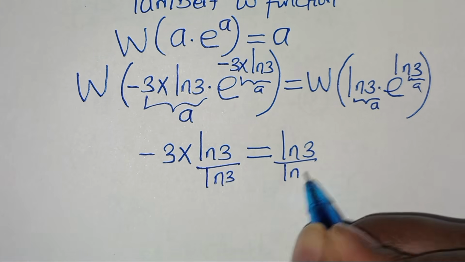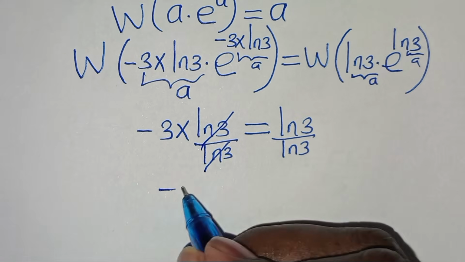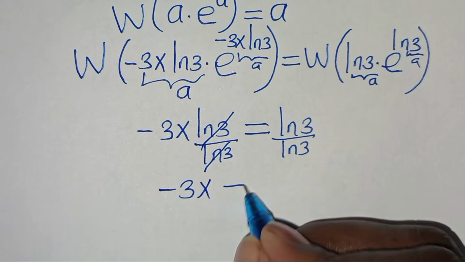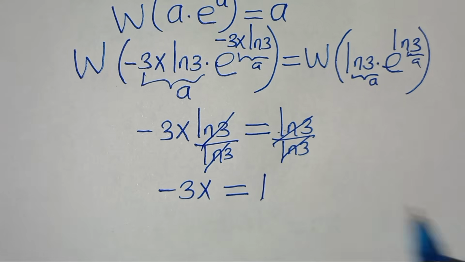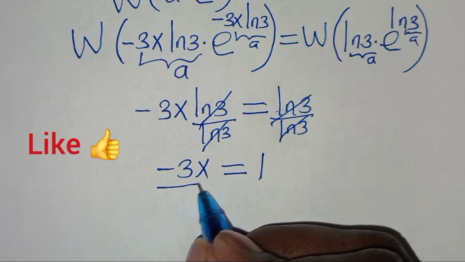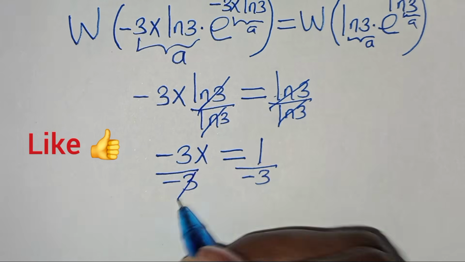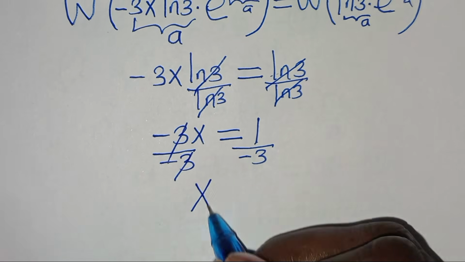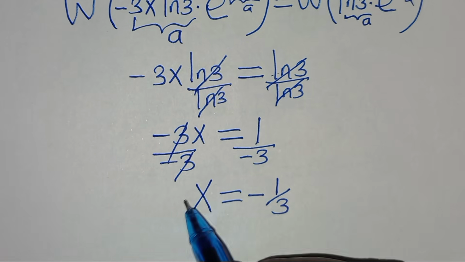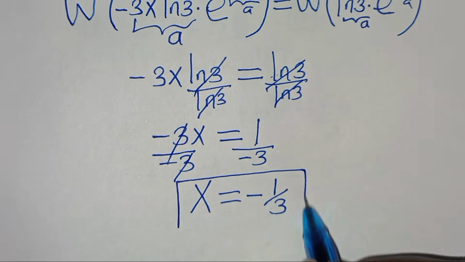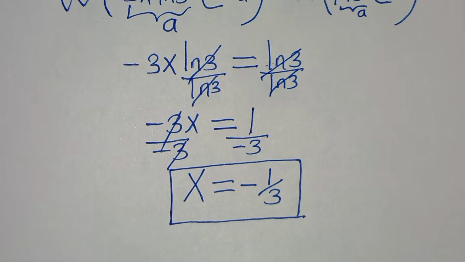Let's simplify so that we have minus 3x equal to ln of 3 divided by ln of 3, which is 1. So let's divide by minus 3 on both sides. This means that x is equal to minus 1 over 3. So this is the value of x by applying method 1.